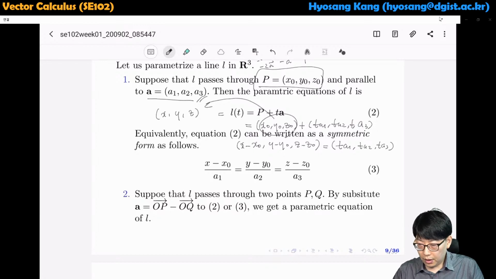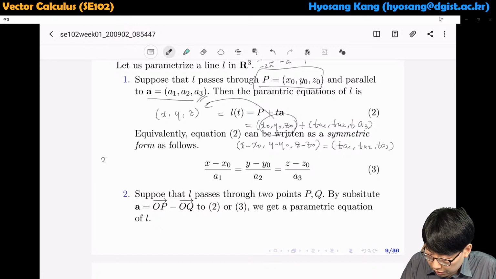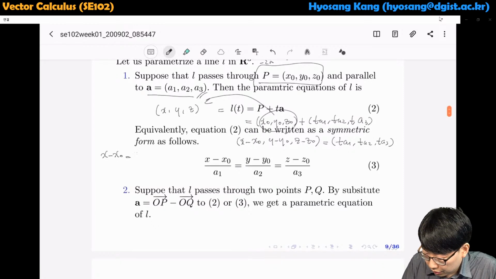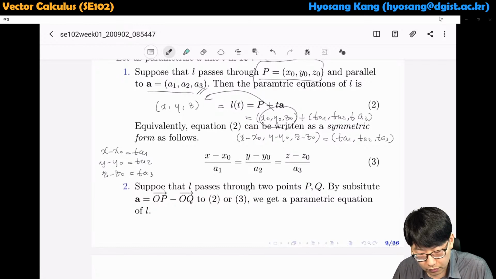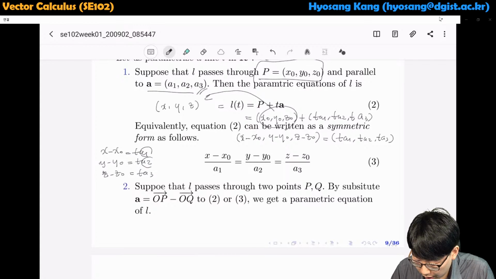So the left and right-hand sides both are vectors. It means that these two vectors must be the same. If you want two vectors to be the same, you need the coordinates to be all the same. So you have three equations: x minus x0 equals t a1, y minus y0 equals t a2, and z minus z0 equals t a3.